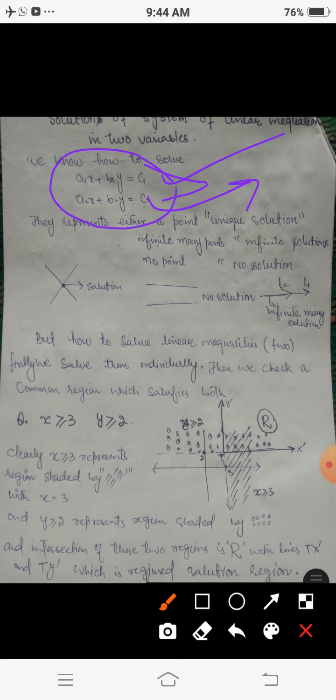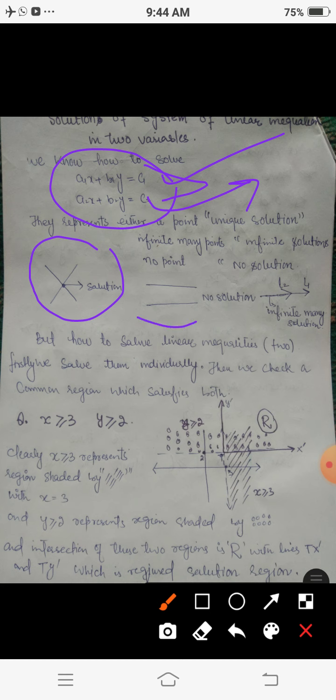Now the solution for this system is actually the points which are common to both the lines. Here we have three types of solutions. One, the unique solution, when these two lines intersect at one point, that is, they have only one point in common.